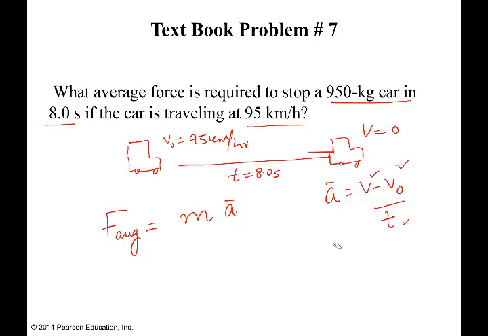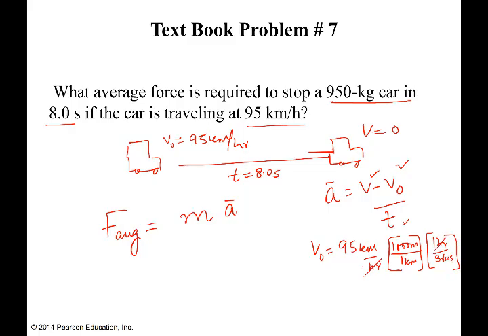Only then we can write Newton. So we have V naught equivalent to 95 kilometers per hour, and we have to convert it to meters. So 1000 meters over 1 kilometer, and 1 hour is 3600 seconds.